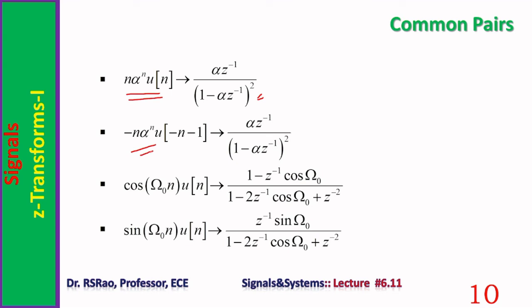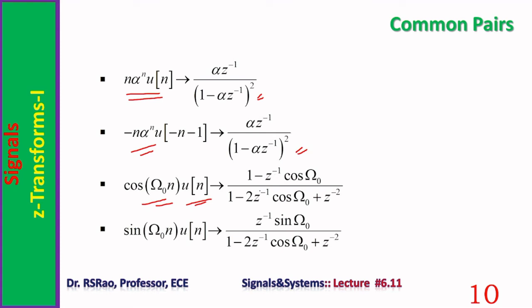Another signal can be considered, minus n alpha power n u of minus n minus 1. Its transform can be shown equal to alpha z power minus 1 by 1 minus alpha z power minus 1 whole square.